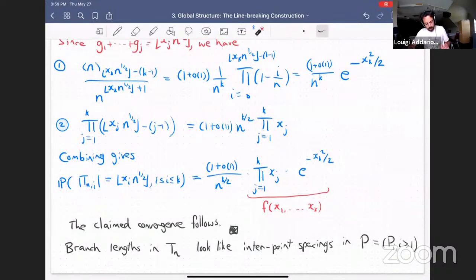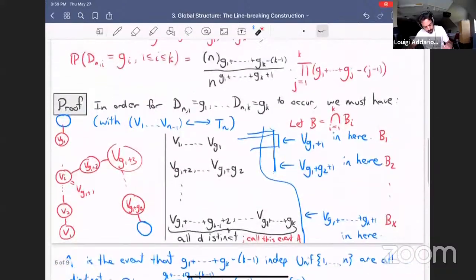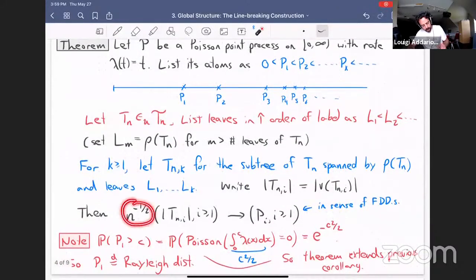If you want to prove joint convergence in distribution, the claim was about what happened after we rescaled by n to the half, that we had convergence in distribution to these points pi.